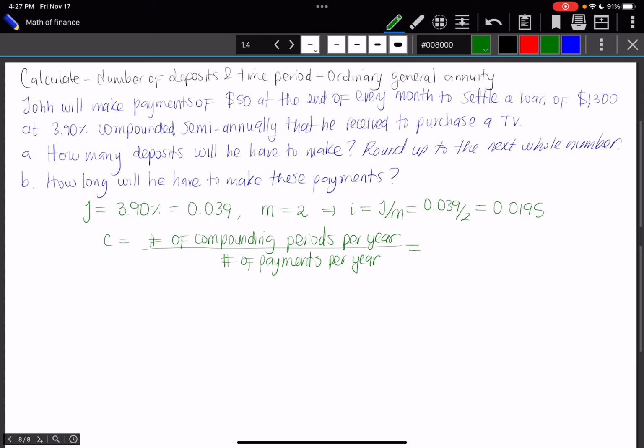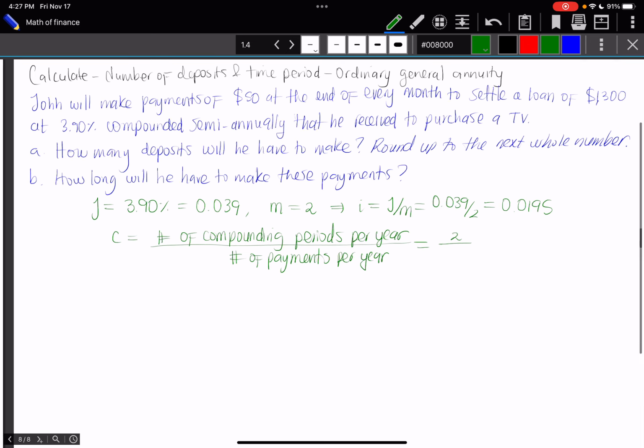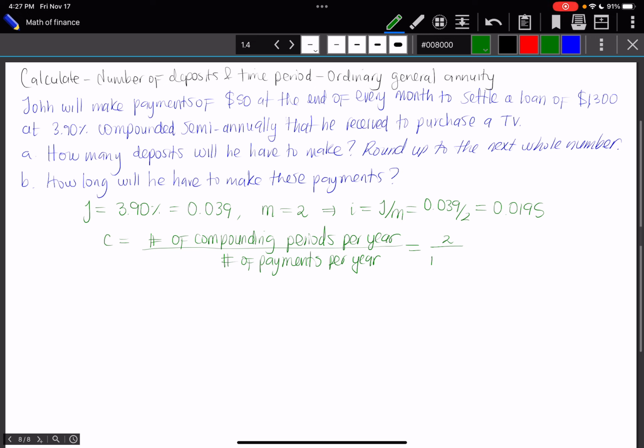This quantity is equal to, compounding periods per year, that's 2 because interest is compounded semi-annually, so twice a year, and the number of payments that John will make per year will be 12. So here we have 2 over 12.